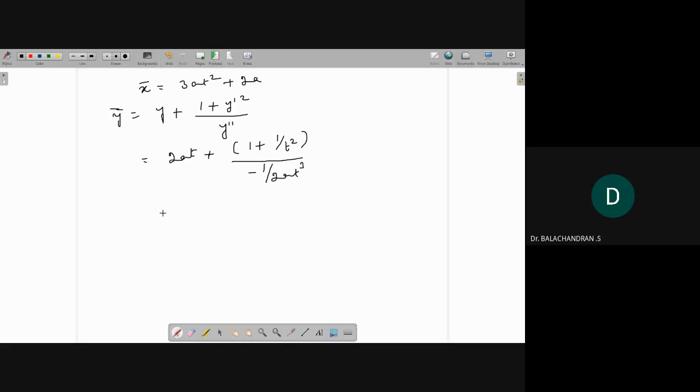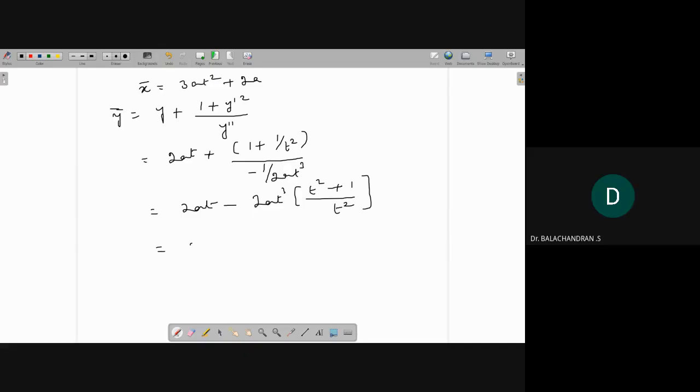Now if you simplify this, first step you should write 2at, plus minus 2at cubed into t square plus 1, divided by t square. You can take LCM also. Okay, t square plus 1 by t square. Correct?